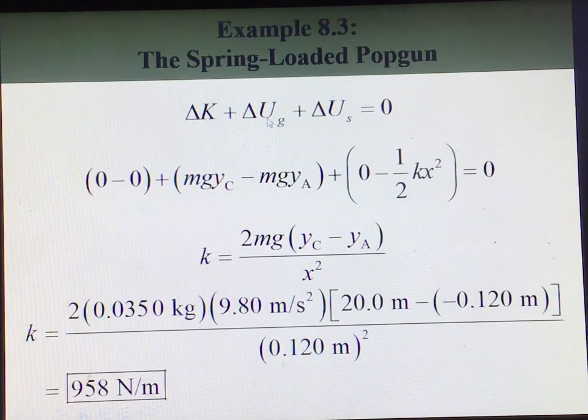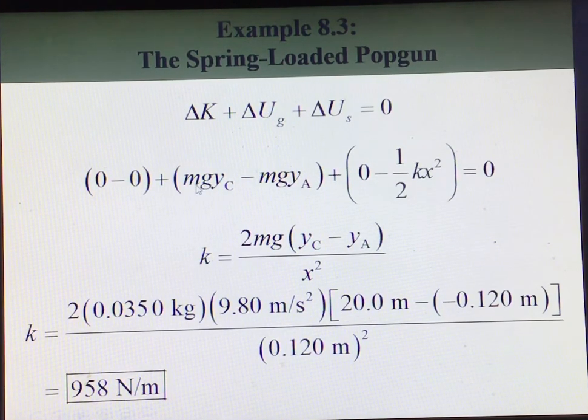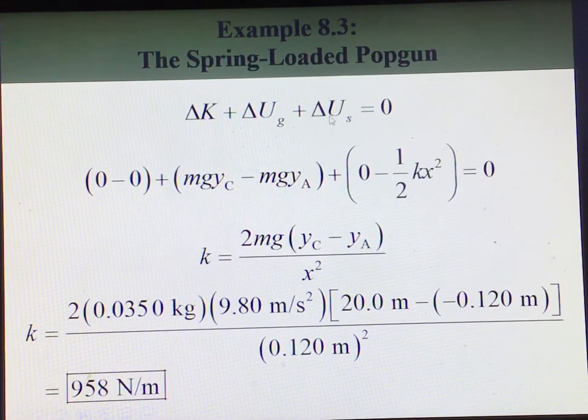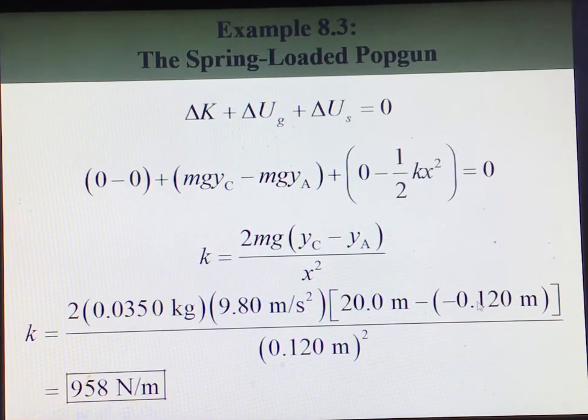The change in the gravitational potential energy is equal to mg times y at C minus mg times y at A. Now the change in the elastic energy of the spring: as this spring is going to stretch, the final energy is going to be 0, and the initial energy is just 1/2 times the k value times x squared, where x is 0.12 because that's the amount by which the spring has been compressed.